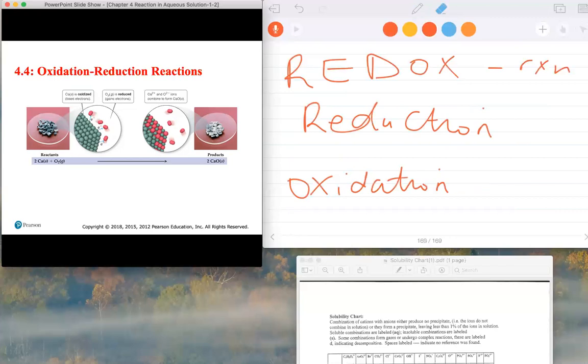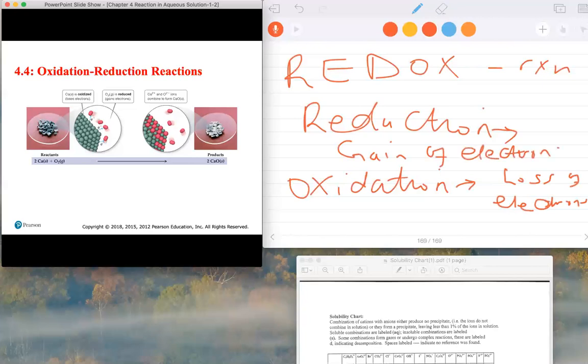Oxidation reaction is a reaction where there is loss of electrons, and reduction is gain of electrons. The electrons can be more than one, it can be 2, 3, or 4.